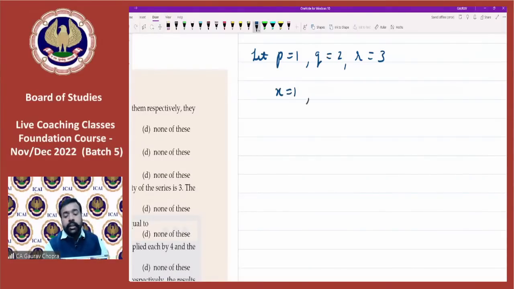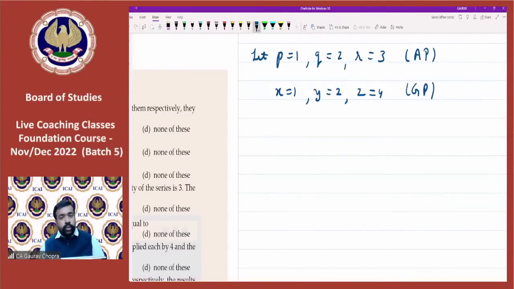Let X be 1, Y equal to 2, Z equal to 4. We can take any values according to AP and GP, but these are the simplest values, and let us always take the simplest values. So PQR was AP and this one is GP: double of 1 is 2, double of 2 is 4. Now, as per the requirement, what do we have to calculate?